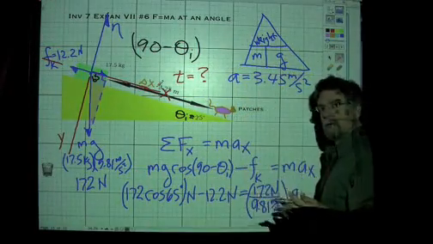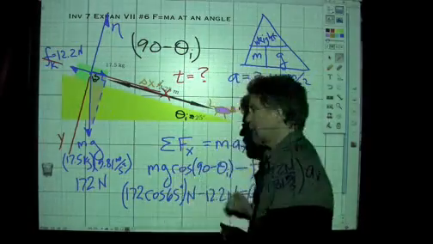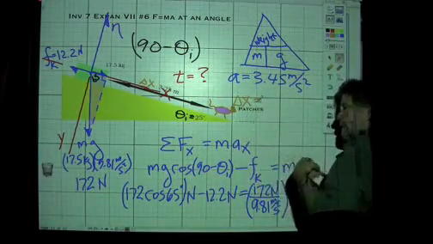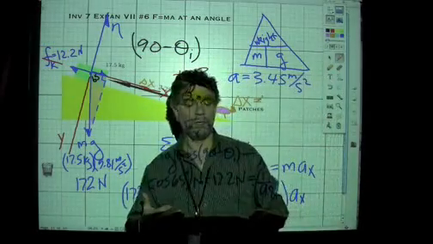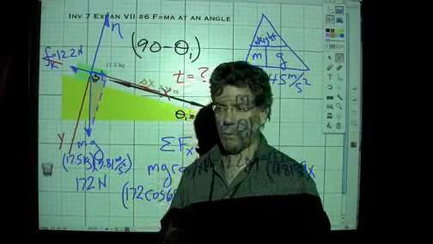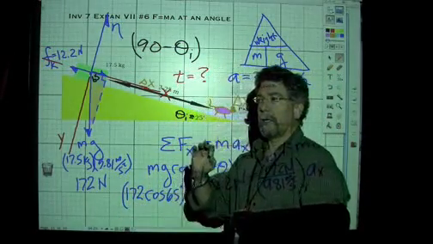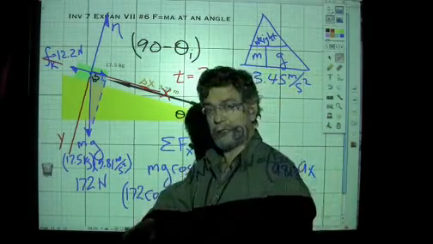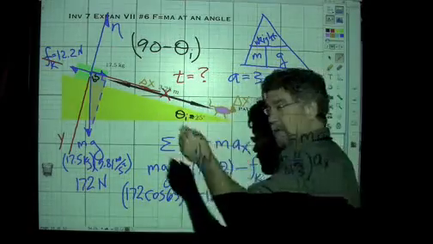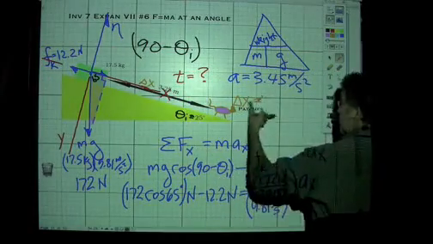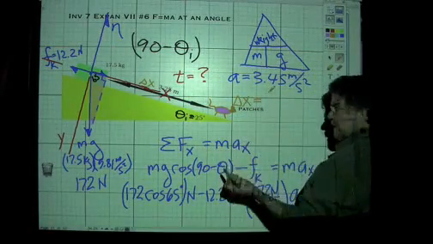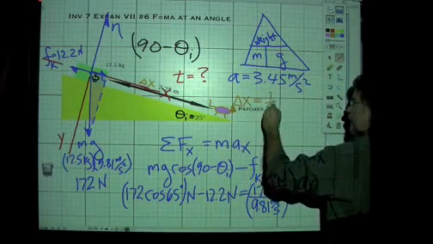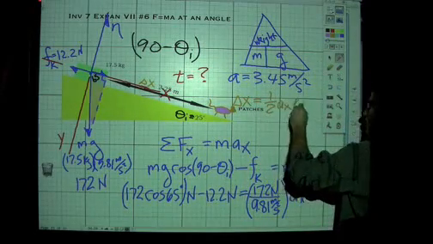And so I can use second orange mirror, which is delta x. If you're not in my physics class, go back to the website where you found this, and it's on my equation sheets. You'll find it like the third equation sheet. You'll see all the orange mirror, blue mirror equations. So delta x equals v naught x t, which v naught is 0, plus 1/2 a sub x t squared.